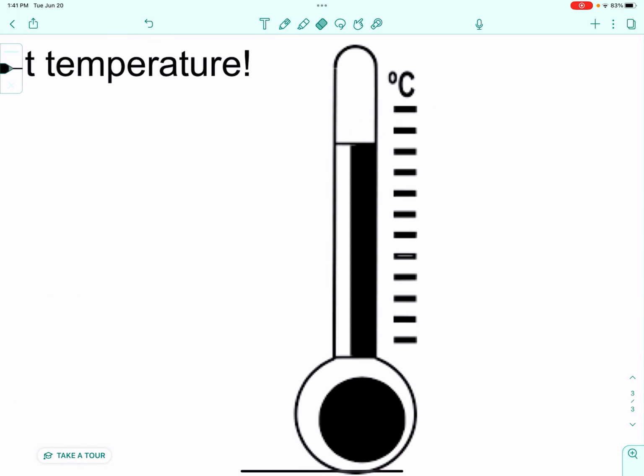So if I go over to my thermometer over here, maybe I make this spot right here 0 degrees.